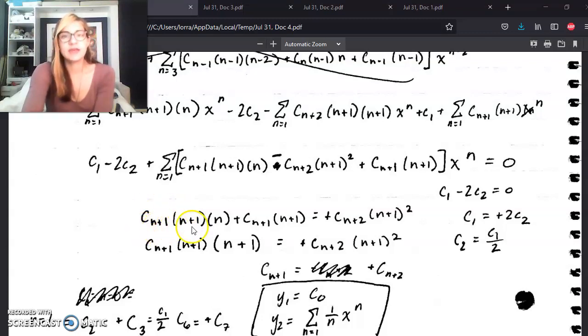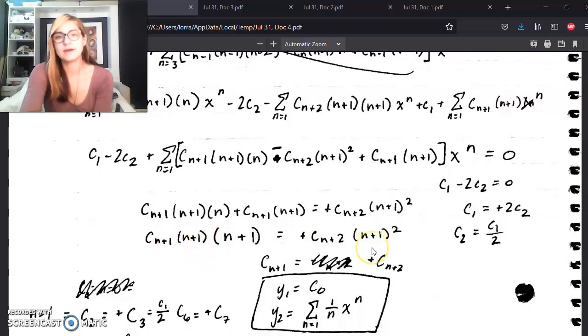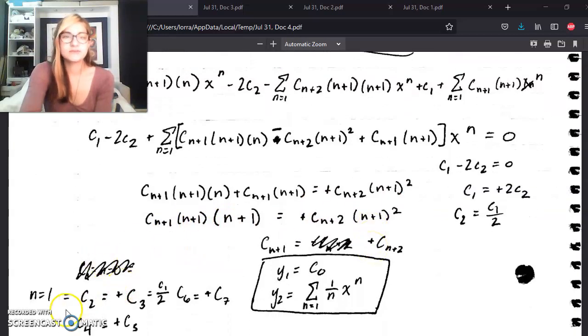So c_n times (n+1) times n plus c_(n+1) times (n+1) is equal to c_(n+2) times (n+1), and then I simplify it. So you get c_(n+1) is equal to c_(n+2), so c_2 is equal to c_3, c_4 is equal to c_5.